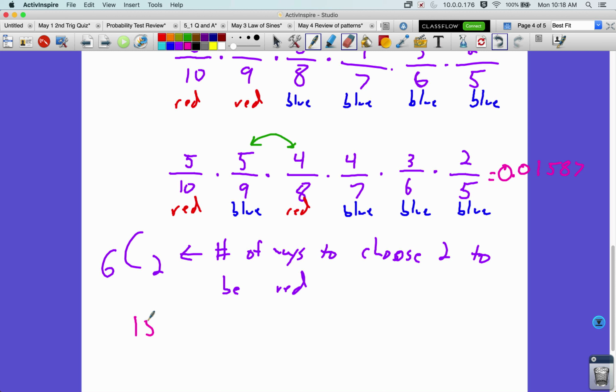But then if I do 15 times that probability, we'll go ahead and multiply by 100% now, just so we can understand it better. So times 15 times 100, there's a 23.8% chance that of those 6, we're going to shoot off 2 red and 4 blue.